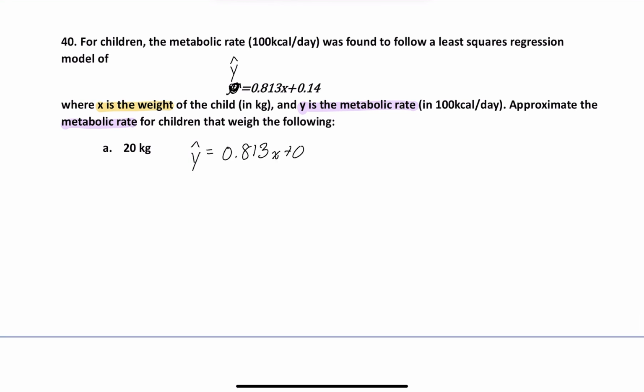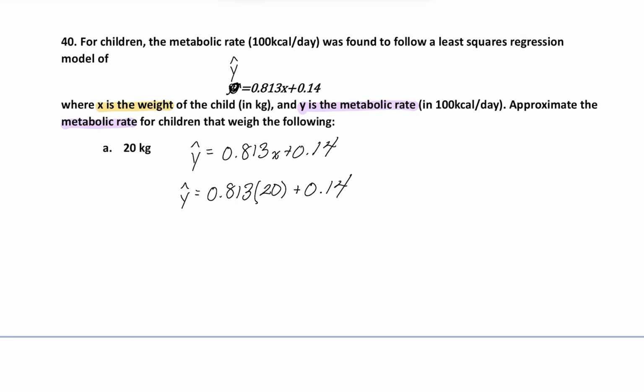So to do these problems, I'm going to rewrite the equation first, and then I'm going to plug in the values that are given to us. So if we're working with 20 kilograms, I'm going to plug in 20 kilograms where I see the input for weight, which is our x value, and I'm going to calculate this out.